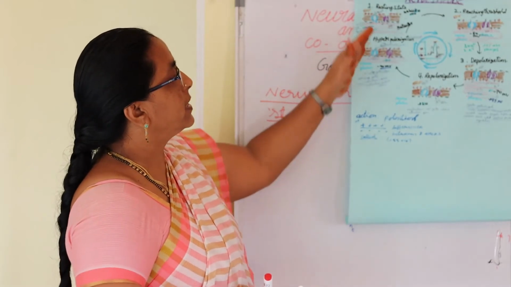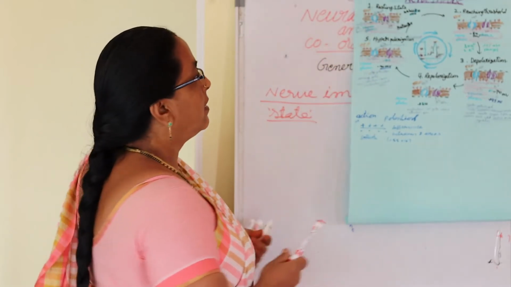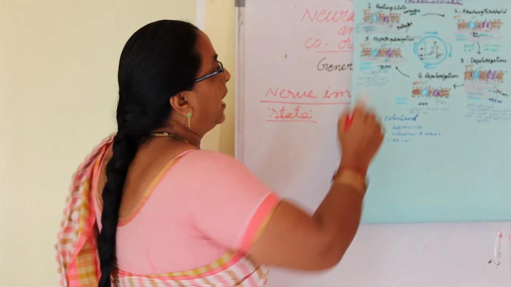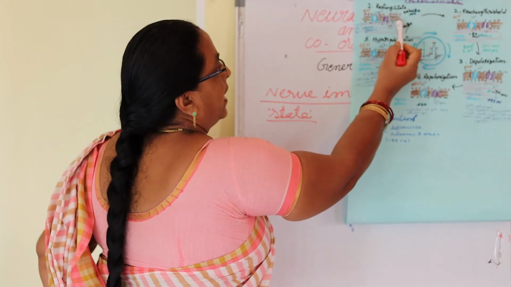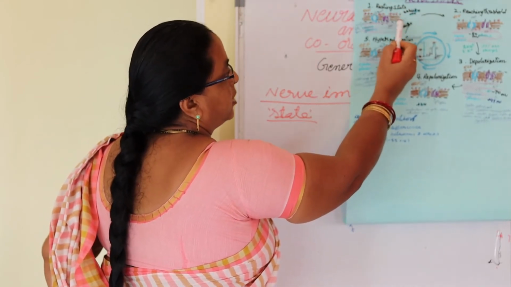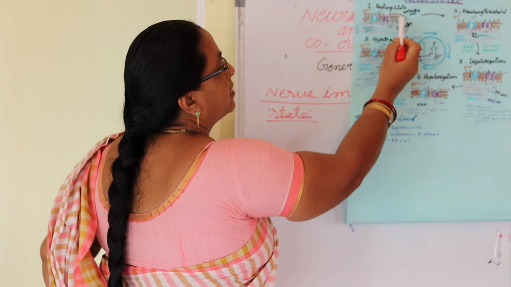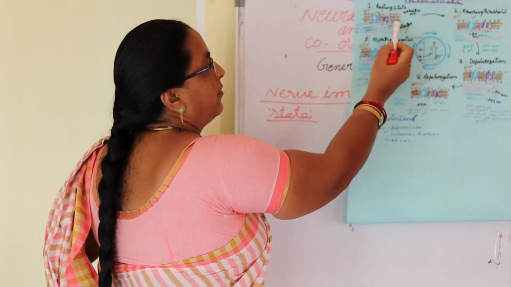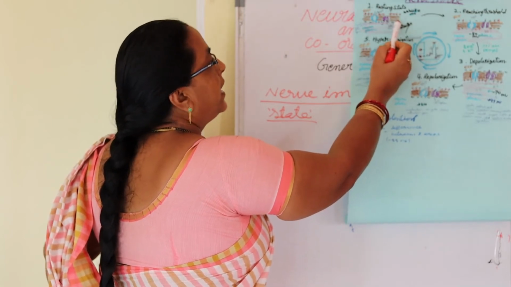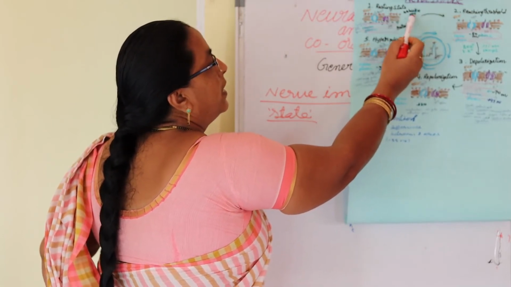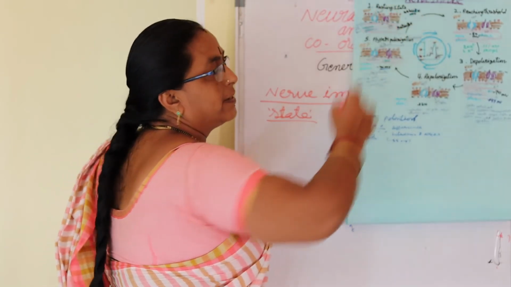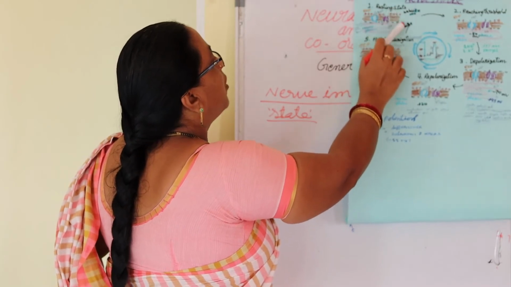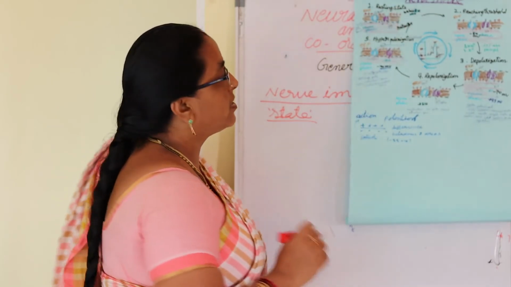After this, when a stimulus takes place, there is a diffusion of ions, and between the positive area and the negative area there is a difference in charges. We already discussed this as the potential difference. That potential difference is minus 70 millivolts at resting state. This state we call the polarization state.